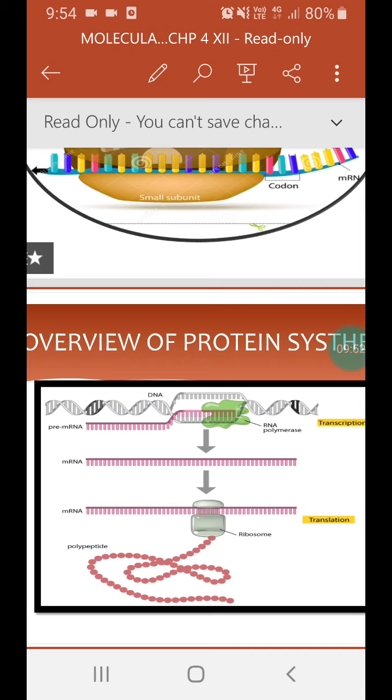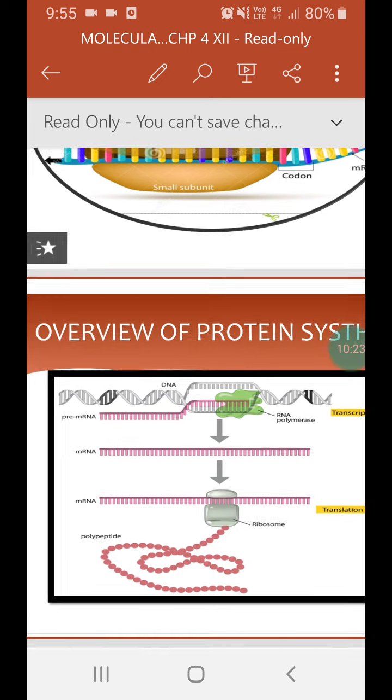And what happens after termination? The smaller subunit of the ribosome, that is 30S, and the larger 50S subunit of the ribosome get separated from each other. And the energy required for the formation of the polypeptide chain, that is the protein synthesis activity, is fulfilled by ATP and GTP.